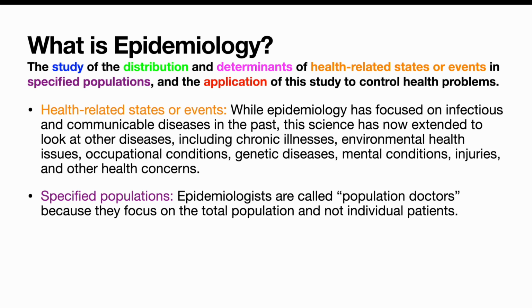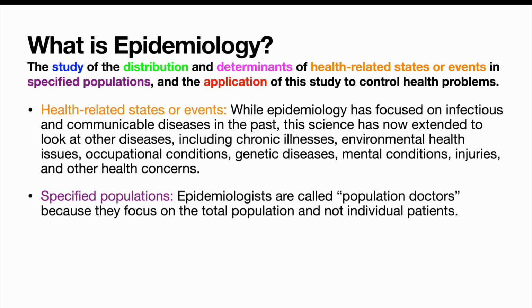Specified populations. So we already said that epidemiologists can be considered population doctors because they focus on the total population and not individual patients. And sometimes the total population would be a specified total population. The population of a city, the population of a county, the population of people who work at a certain industry or something.